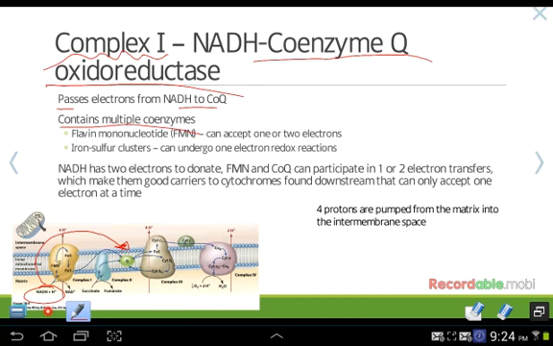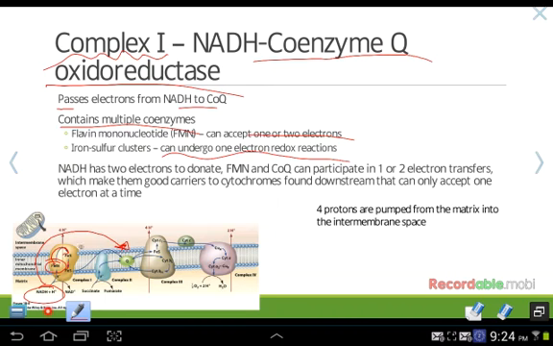Flavin mononucleotide is the first center to accept electrons. It can accept either 1 or 2 electrons. FMN then passes its electrons over to iron-sulfur clusters. These can only undergo 1-electron redox, so you have to pass the electrons one at a time from FMN to the FeS clusters.